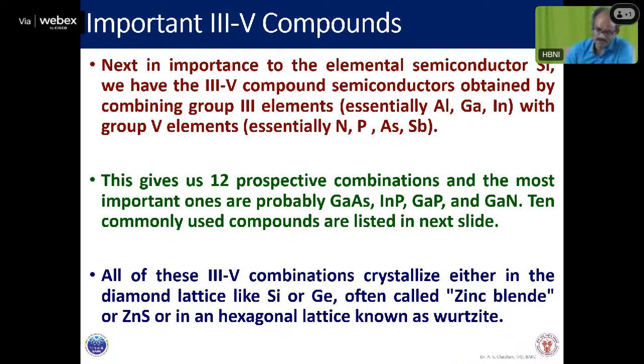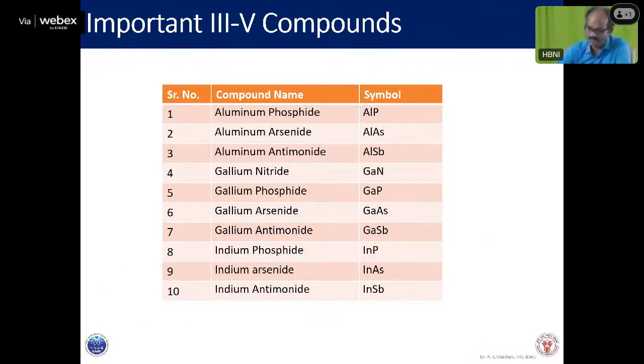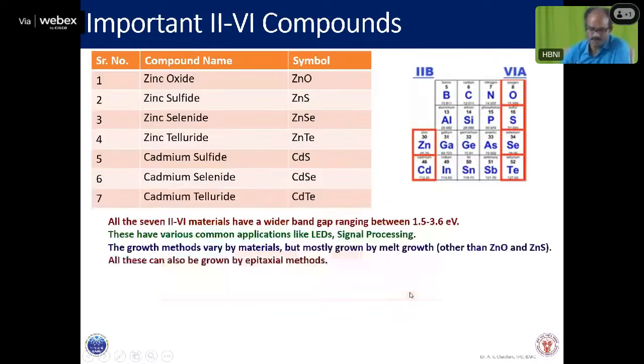If it is FCC, it is either the diamond structure or the zinc blende structure. But if it is a hexagonal lattice, then it is called the wurtzite structure. So these are some of the compounds: aluminum arsenide, aluminum antimonide, gallium nitride, gallium phosphide, gallium arsenide, gallium antimonide, indium phosphide, indium arsenide, and indium antimonide.